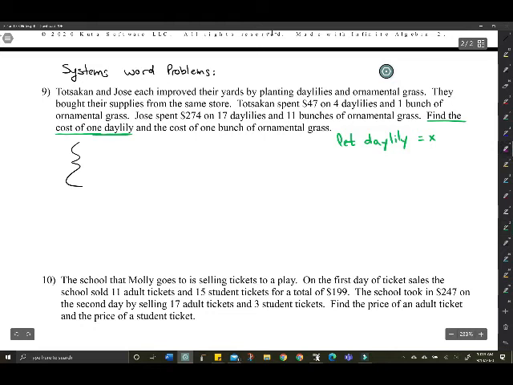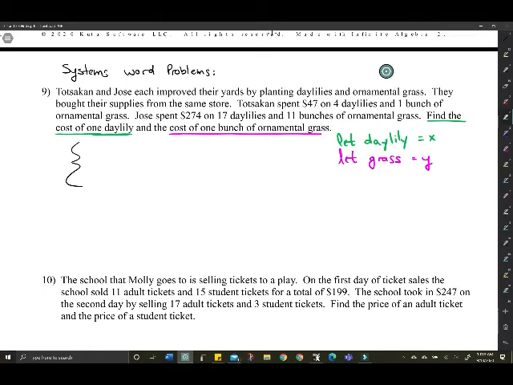Cost of 1 bunch of grass, we'll let the grass be y. Once you have that, you can kind of go back through the problem and replace things in terms of x and y, okay?